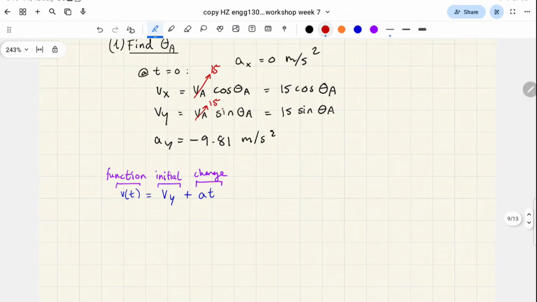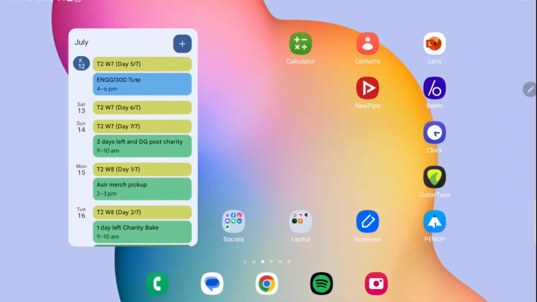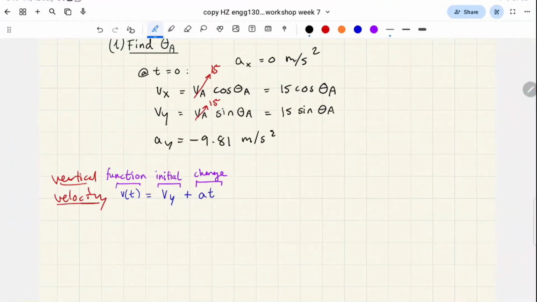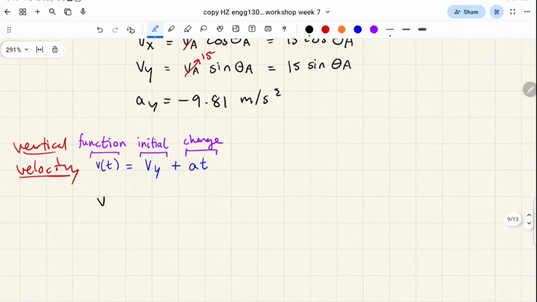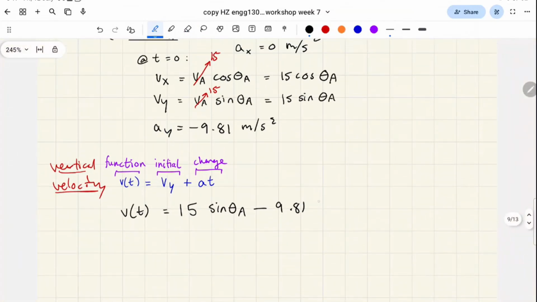We're going to do our vertical motion first, the vertical velocity. Vt is equal to 15 sine theta a, which is our initial portion, plus the acceleration, minus 9.81, that's the acceleration in the y direction, multiplied by t.